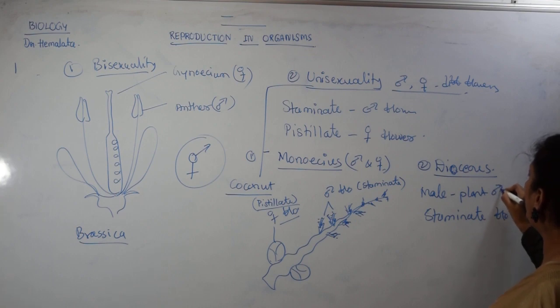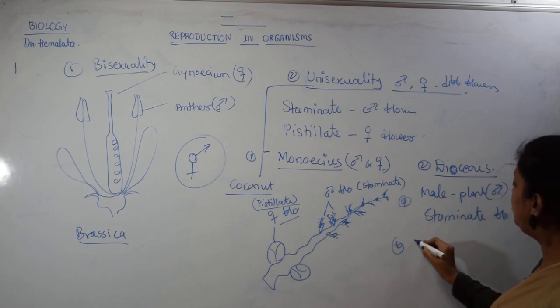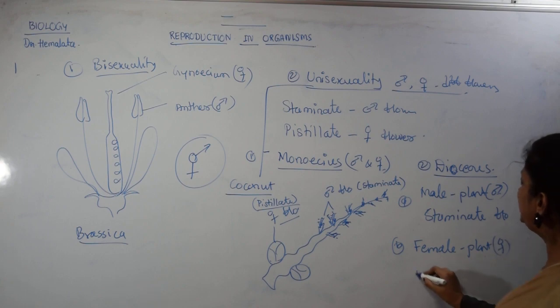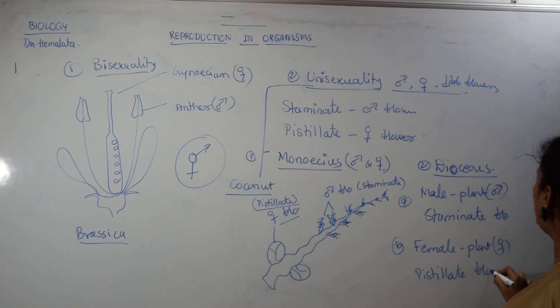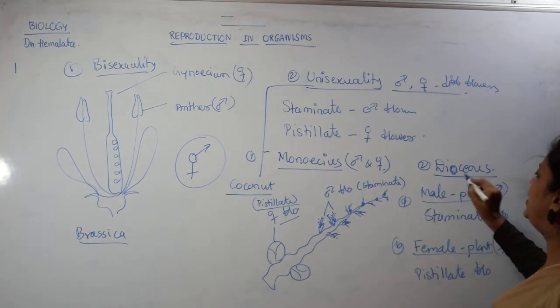Then along with that there is another female plant growing separately, with only the pistillate flowers. These are called the dioecious character. Under unisexuality you have monoecious and dioecious.